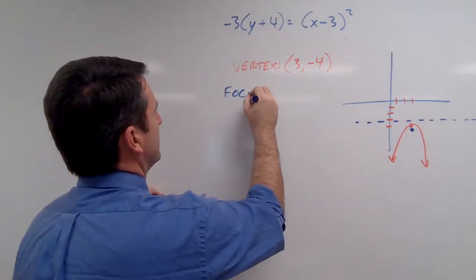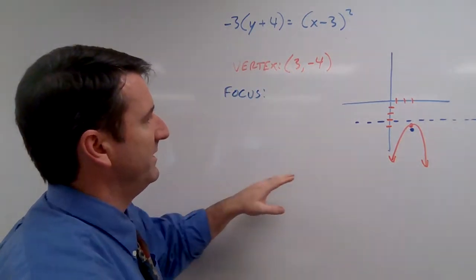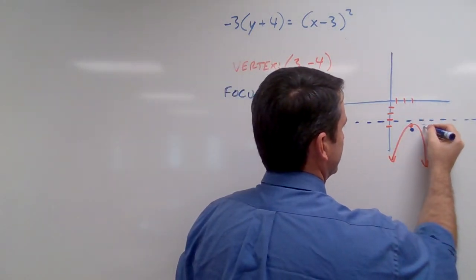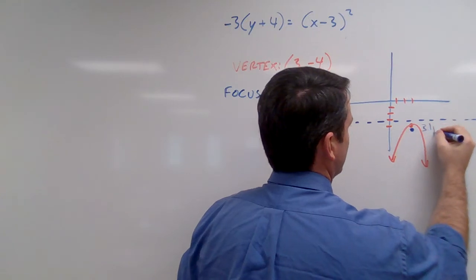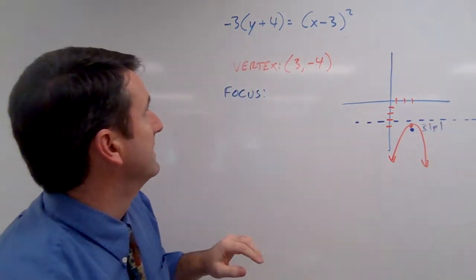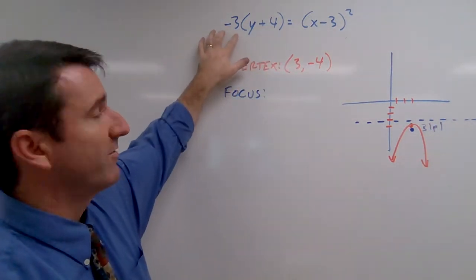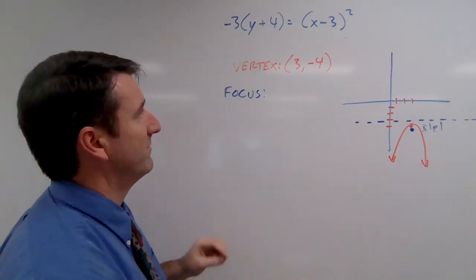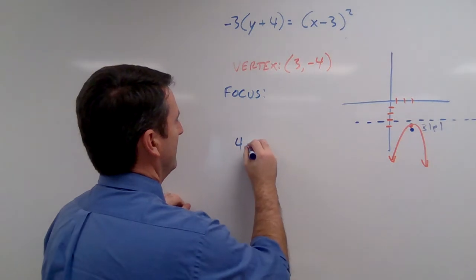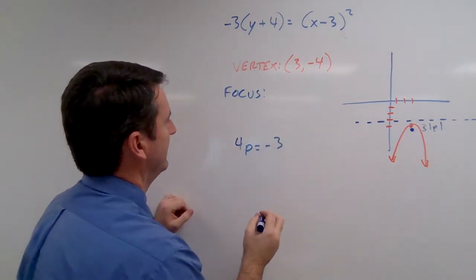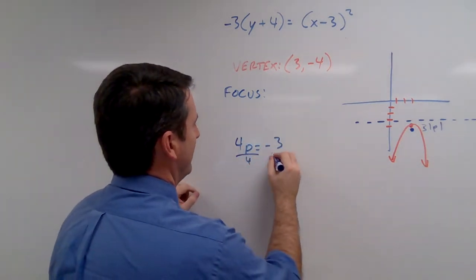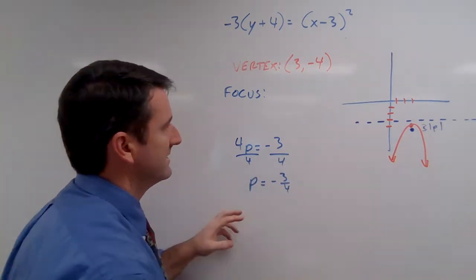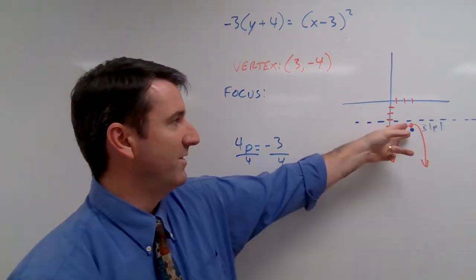All right, so let's find the focus. The focus is going to be p units from the vertex. So this little distance here is going to be the absolute value of p. So let's figure out what p is. Well, from our formula before, we saw that this number out here is equal to 4 times p. So 4p is equal to -3. If we divide both sides by 4, we get that p is equal to -3/4. So our distance here is going to be 3/4.